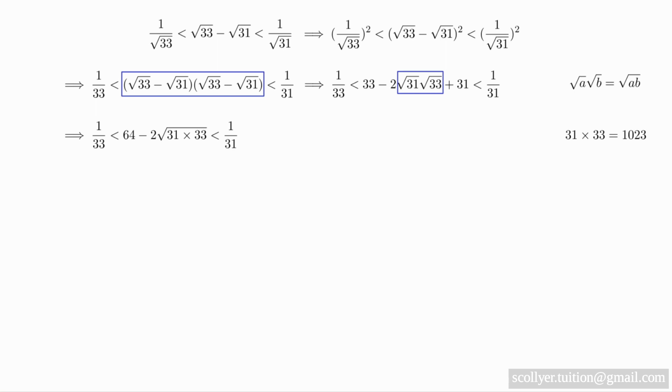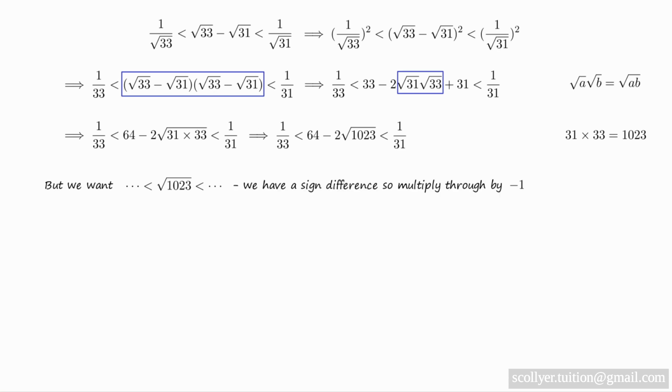And on recalling that 31 times 33 equals 1023, we obtain these inequalities, which is beginning to look somewhat similar to the inequalities that we require. But we want inequalities involving root 1023, whereas we have inequalities involving minus 2 root 1023.